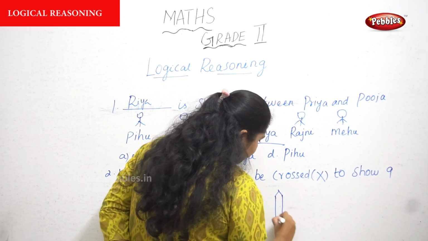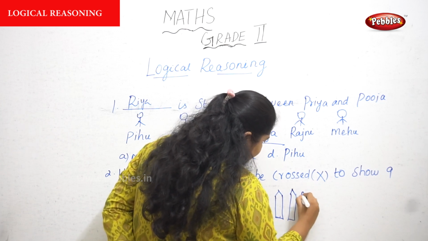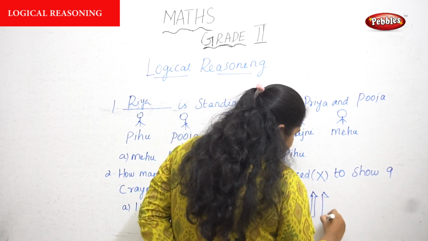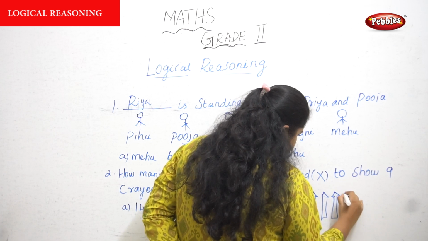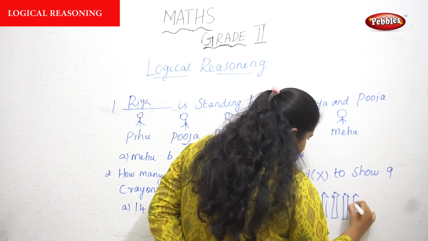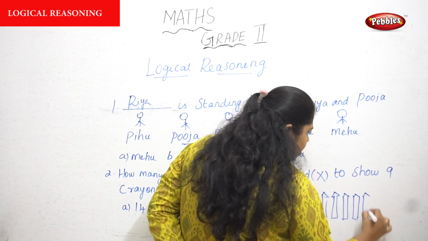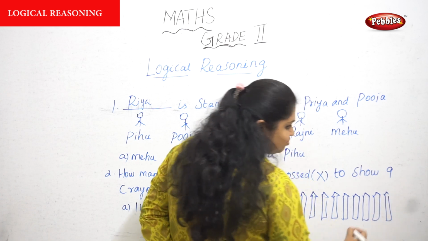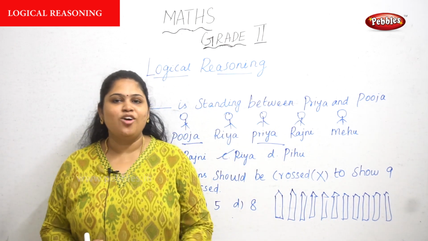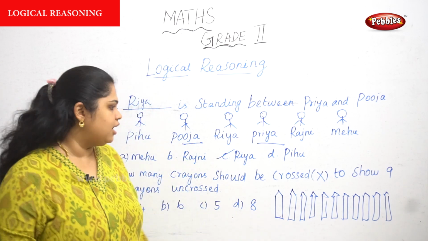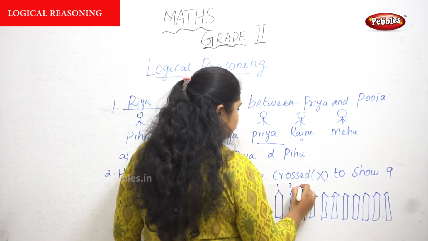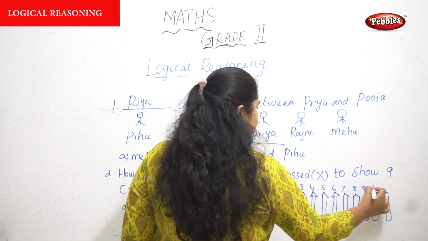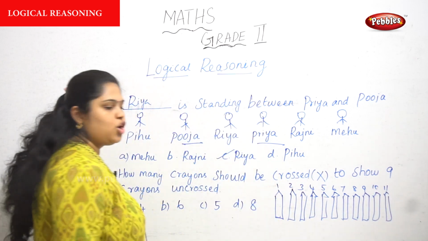See here, 1, 2, 3, 4, 5, 6, 7, 8, 9, 10, 11. Let's calculate how many crayons: there are 11 crayons in total.